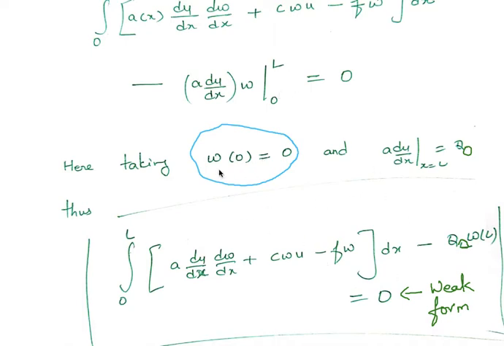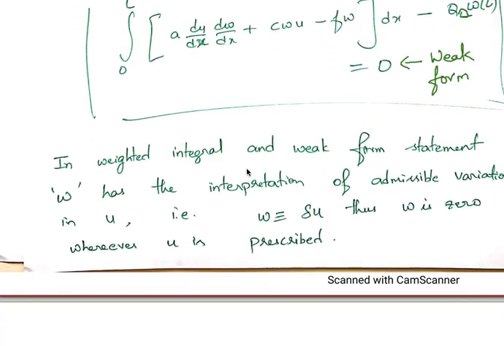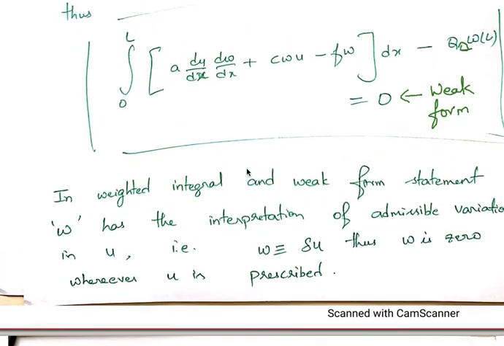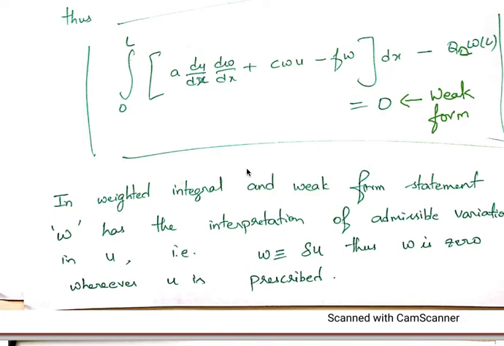Now coming to why is it that w at 0 is taken to be equal to 0. So what we are going to do is to give a physical sense to whatever we are doing. In the weighted integral and weak form statement, w, the weight function, is taken to have the interpretation of admissible variation in u.